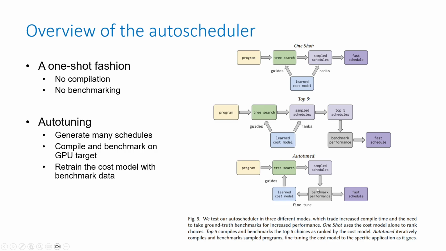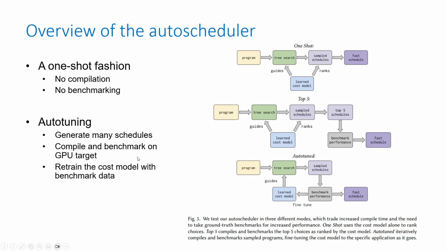You keep searching your scheduling primitive chain, and eventually you get the fast schedule. This is the slowest one, but the most precise. But then you have an in-between option in which you just use the cost model, like the one-shot, pick up the top 5, and then you benchmark and pick up the actually faster one.